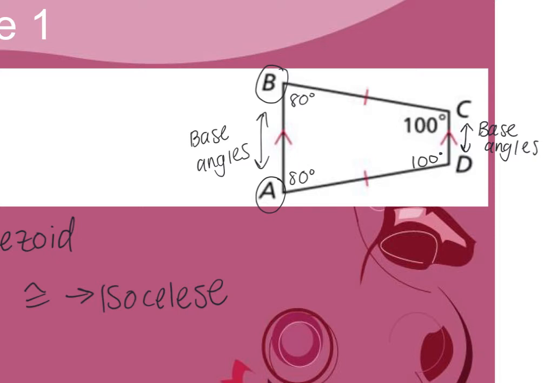So these two add up to 180, and so do the ones that are not base angles, because it's basically two parallel lines cut by a transversal, okay? Where BC is our transversal and also AD is our transversal. Perfect, okay?